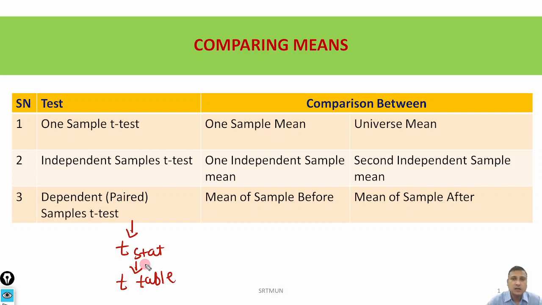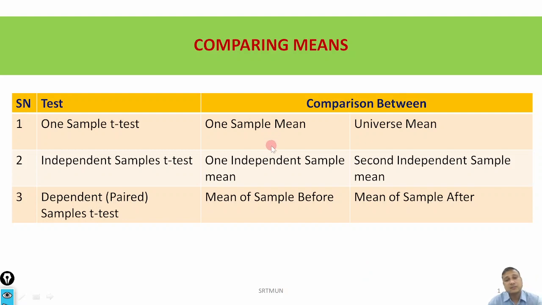Now we are shifting to a new hypothesis testing method, and that is the F statistic, where we are going to use the F table to compute the critical values, and we'll see how we can take the decisions using the F table.